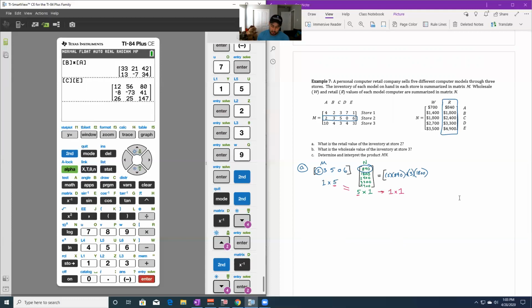And then plus 5 times 2,400, plus 0 times 3,300, plus 6 times 4,900. Close matrix.